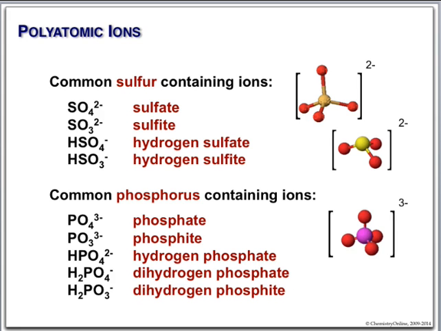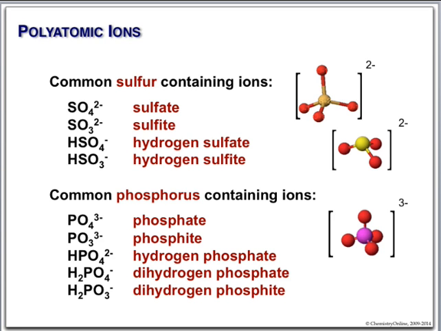When we do that, we will simply change the name to stick hydrogen as a separate word in front. So this is hydrogen sulfate. When we put the hydrogen on, it takes one charge away. This would be sulfite. Therefore, this is hydrogen sulfite. This is what sulfite looks like. This is what sulfate looks like.